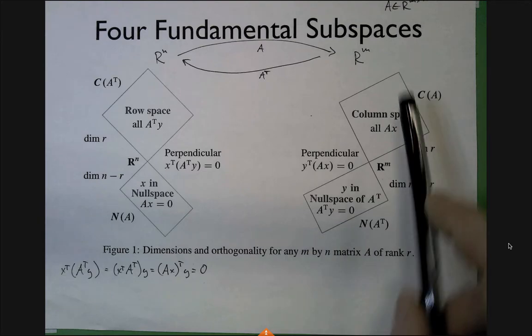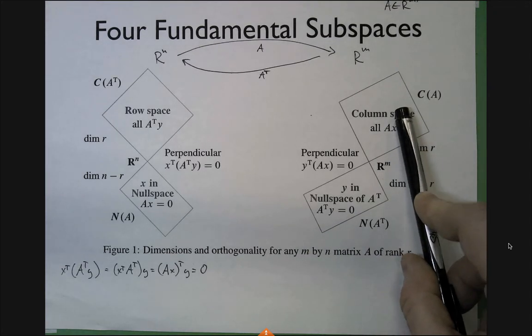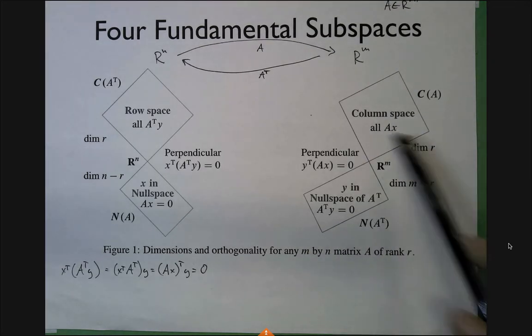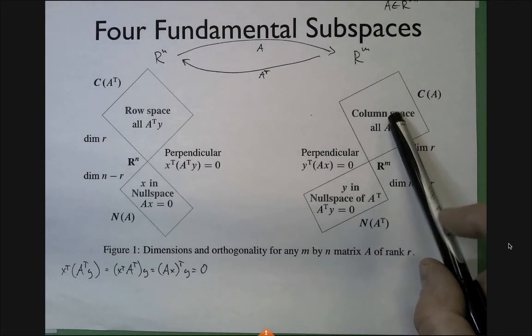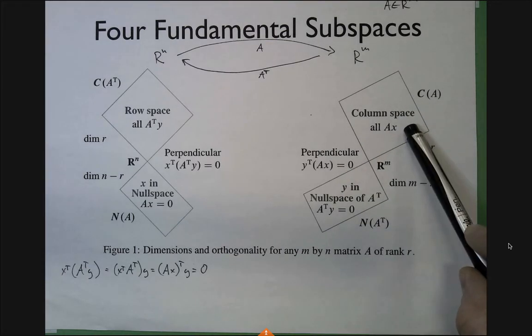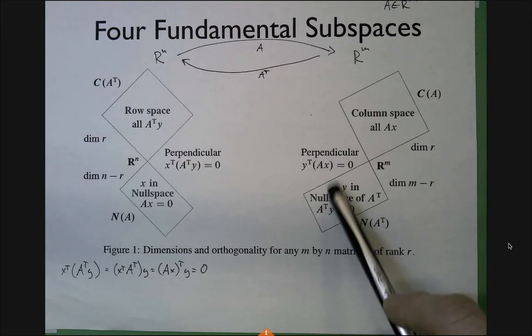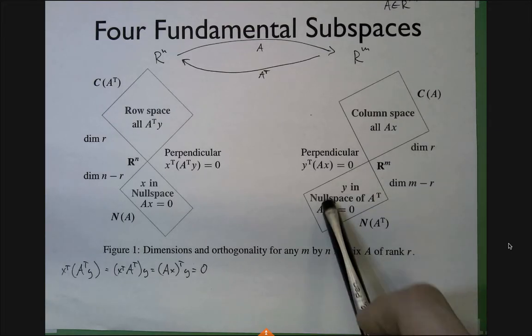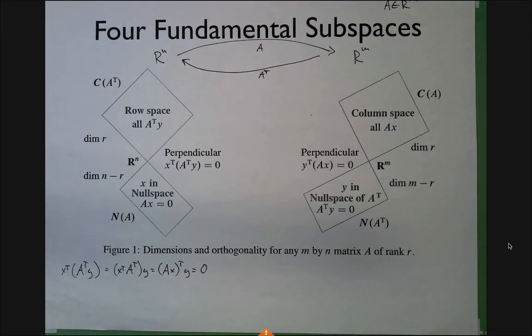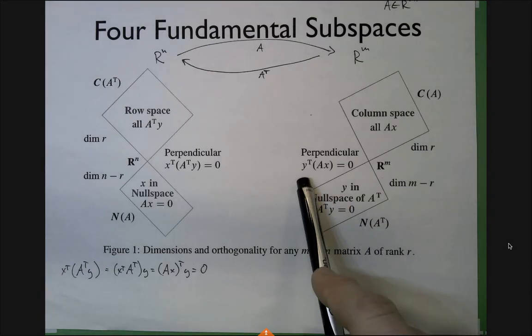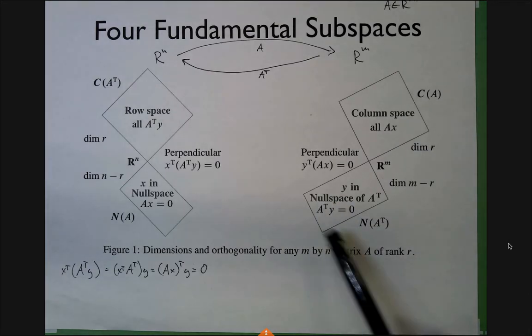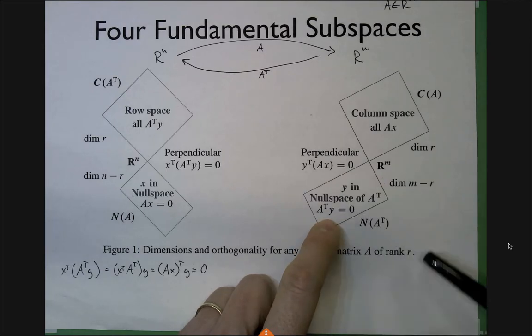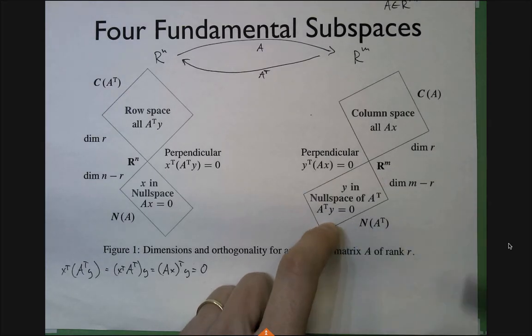Okay. So in R^m, the target space, we have the same picture, except that we are looking at completely different subspaces. We are looking at the column space, and the left null space, which are again orthogonal complements of each other by exactly the same argument. I guess I should go a little bit slower.